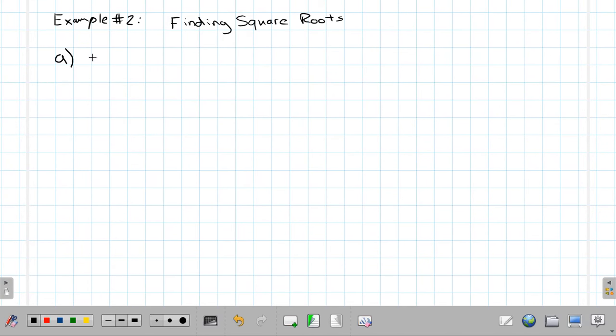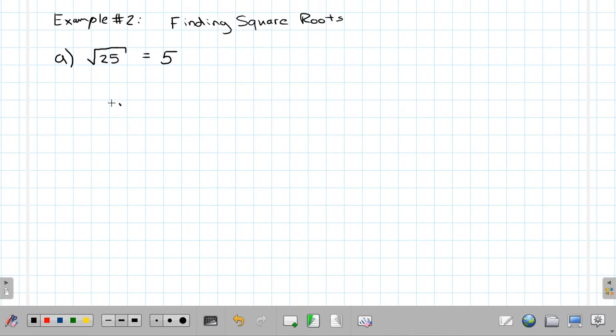Now you have to notice how this is written. There's no negative sign out on the front of the 25 or the square root here. So what that means is we want the positive square root of 25. This is one you might be able to do in your head. Since 5 times 5 is 25, the square root of 25 is going to be 5.